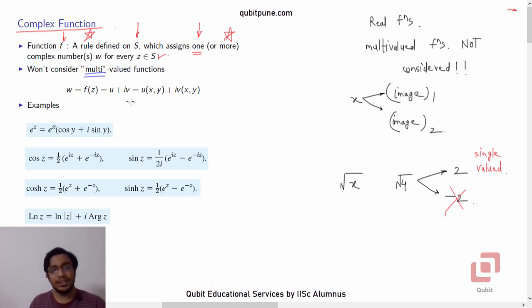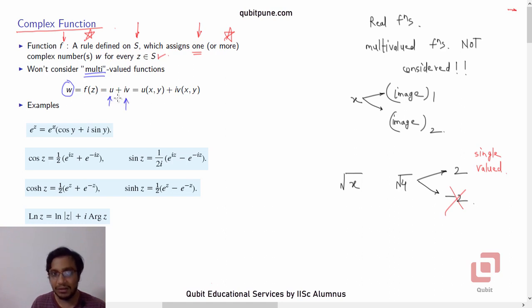Alright, now it is important to understand that a function is a rule that takes in a complex number and produces another complex number. If the output variable is w, it is also going to have two parts, the real part u and the imaginary part v.